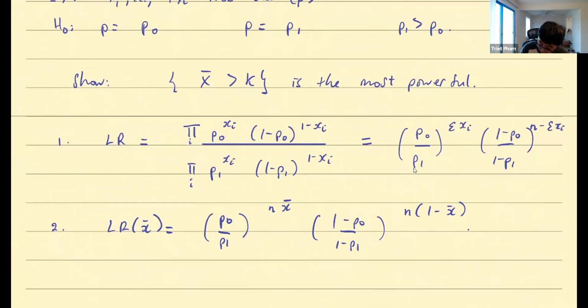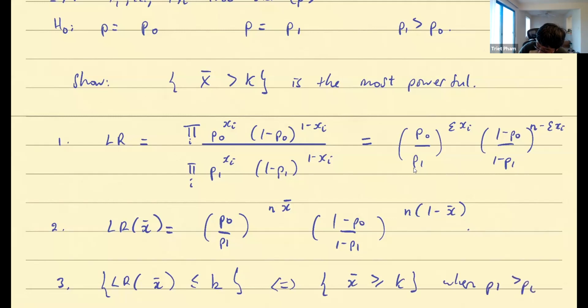The hard part is to show that this, in this case, is equivalent to X bar bigger than or equal to K when P1 is bigger than P0. Let me emphasize, this is where you can cheat if you know what's going on, but I'll be on the watch for this.